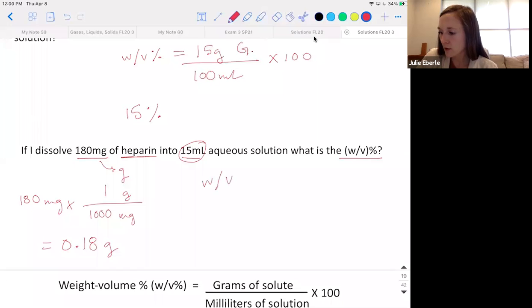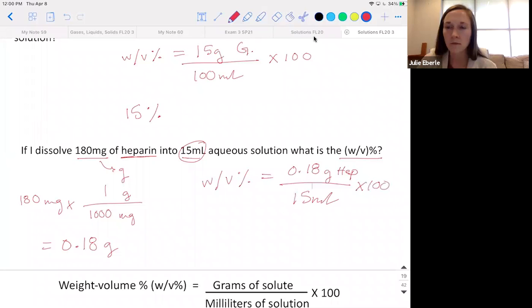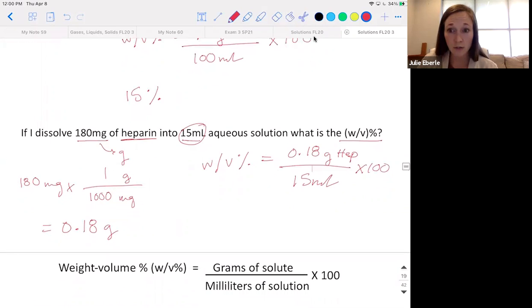That's good. So now we just solve for the weight volume percent equals 0.18 grams of heparin divided by 15 milliliters times 100. Did y'all get 1.2%? Seems like it. Okay, if there's no debate then.